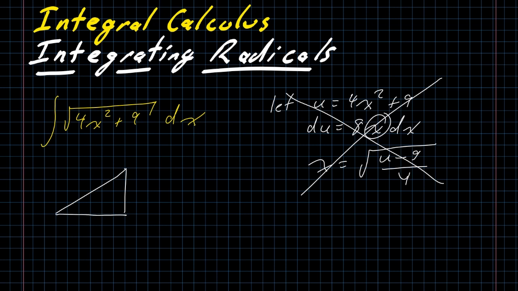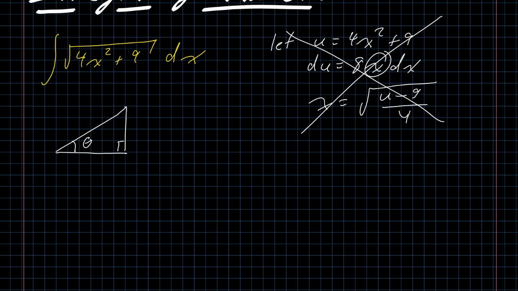And when trig substitution is my tool of choice, I start by drawing a right triangle. I look at the expression. This expression involves addition. And I remember that whenever I'm dealing with addition, I generally am going to want to use a tangent.